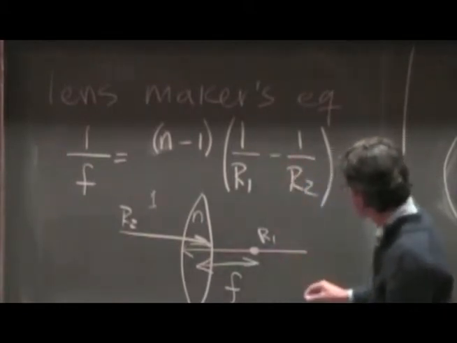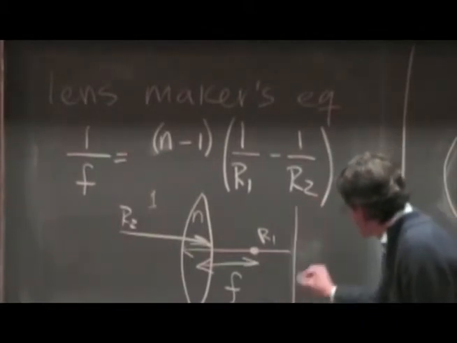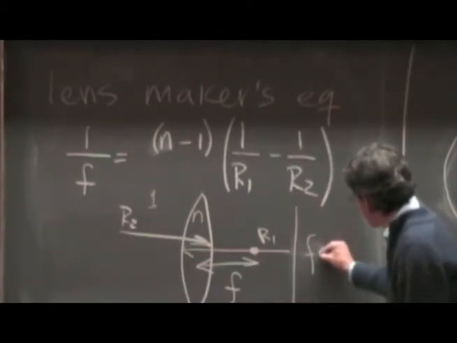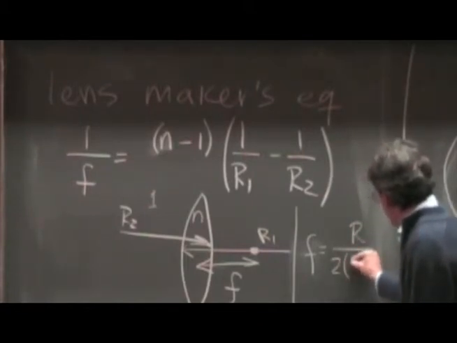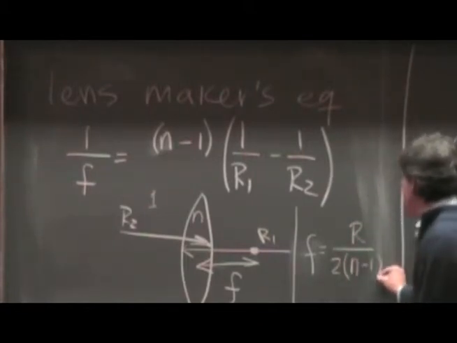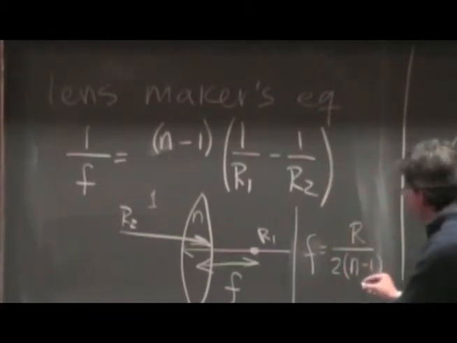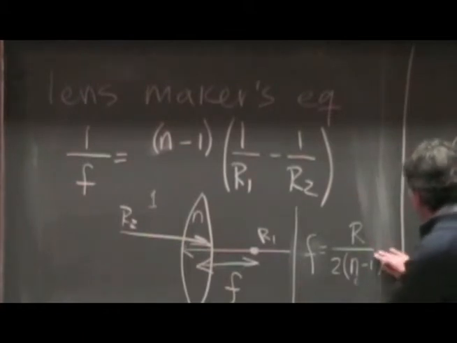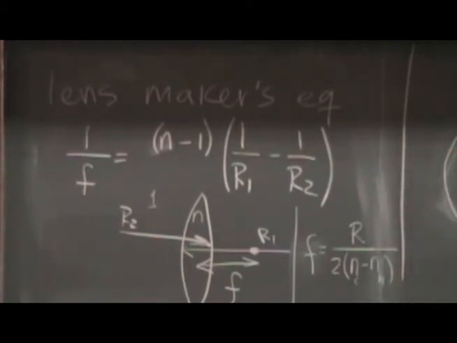So this equation is going to turn into, details are not important, I just want to give you the idea, something like this: R divided by 2 times n minus 1. It won't be 1 because it's not coming from air, so it will be like the n of the crystalline lens minus the n of the surrounding medium, forgetting the name of it.